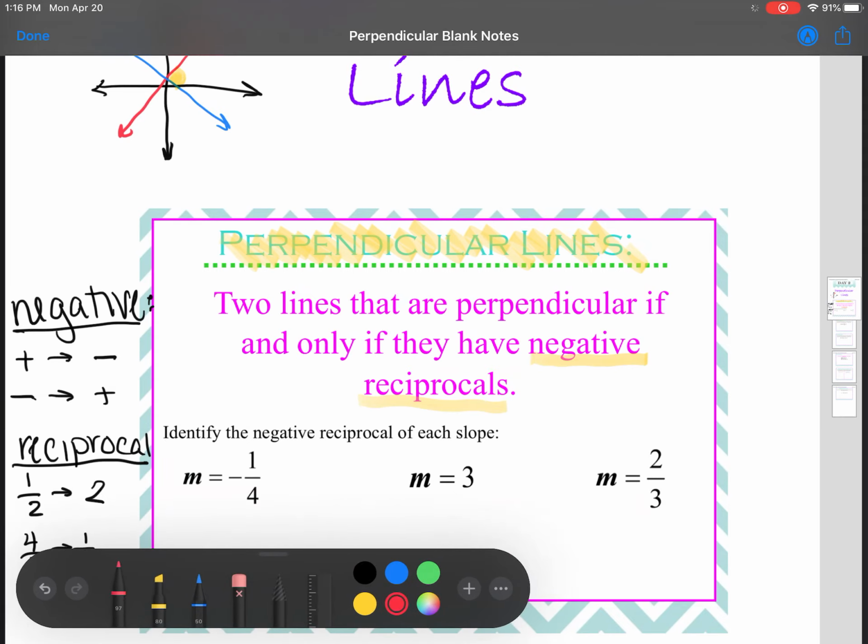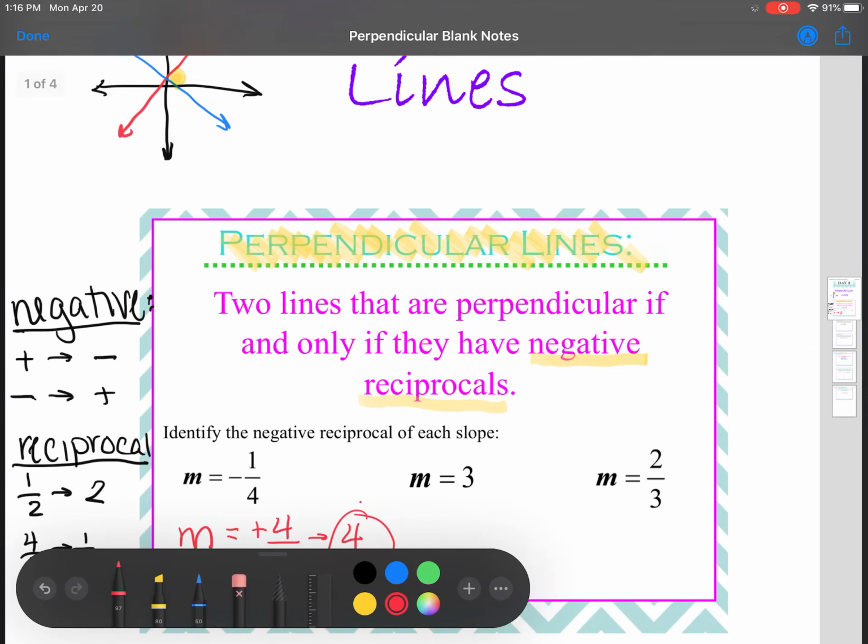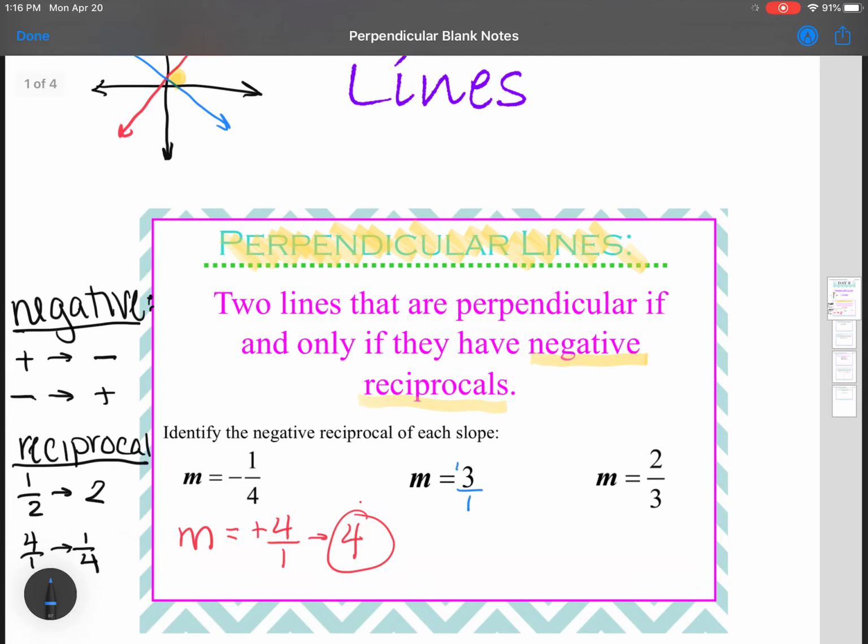Now, actually getting into it, the negative reciprocal of negative 1/4. If it's a negative, it's going to be positive. The reciprocal of 1/4 is 4/1, or 4. For the next one, I have m equals 3. First thing I'm going to do is make it 3/1 and add a little positive in front of it.